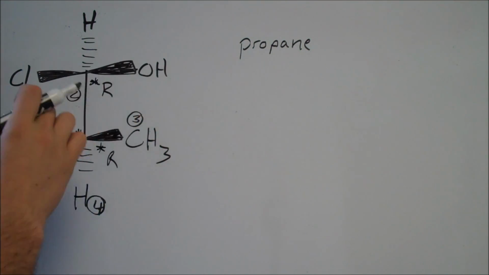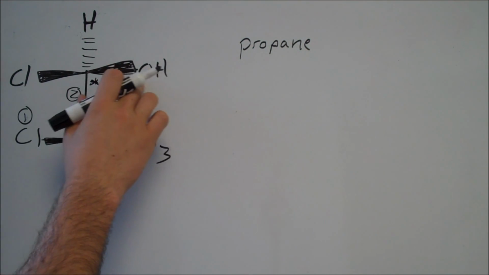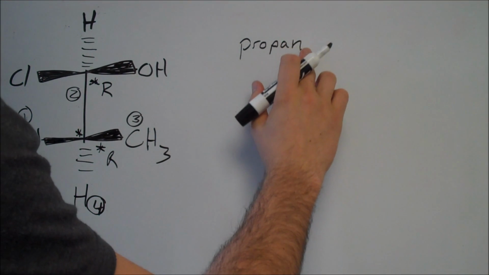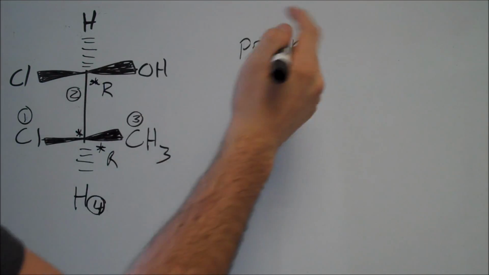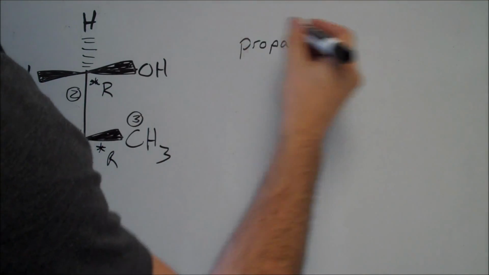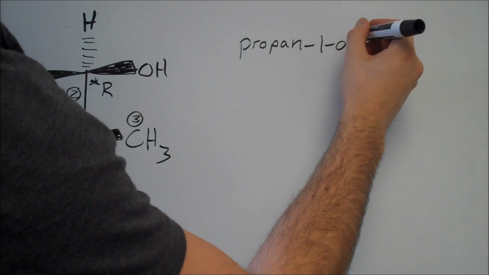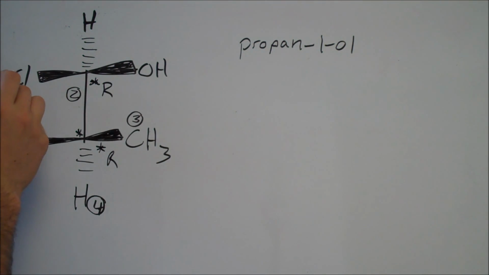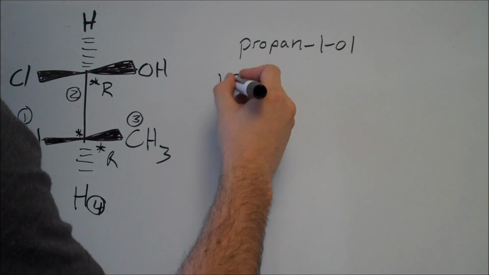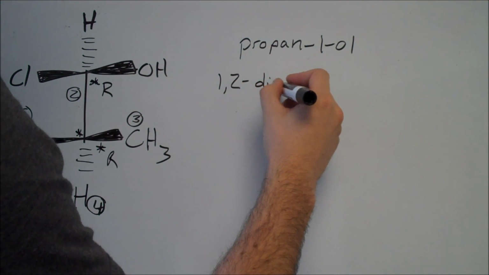You always have to give an OH group the lowest number possible, so it's attached to this end carbon, which makes it the 1 carbon, and we say propan-1-ol, because the oxygen is the highest priority. We also have 2 chlorines, 1 on the 1 carbon and 1 on the 2 carbon. So 1,2-dichloro.